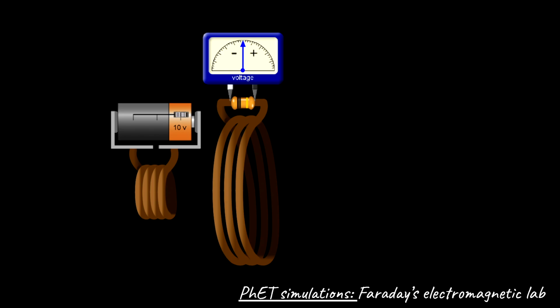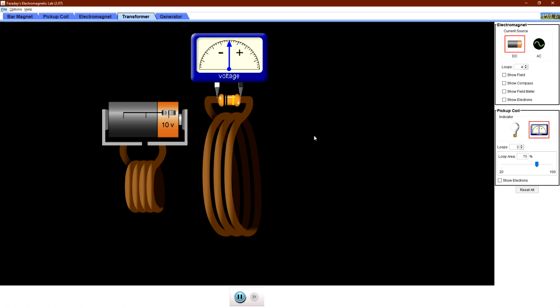Now let's try to do this experiment on our own using PhET Simulations and try to observe what Faraday did almost 2 centuries ago. We have the first coil, which is connected to a battery, and the second coil, which is connected to a voltmeter. Okay, we already set up a current through the first coil of wire. We can see it by the motion of electrons.